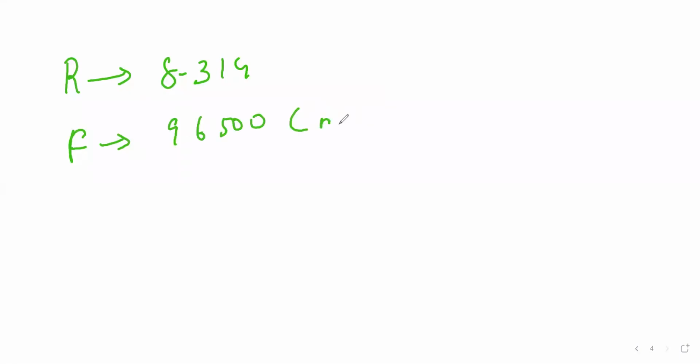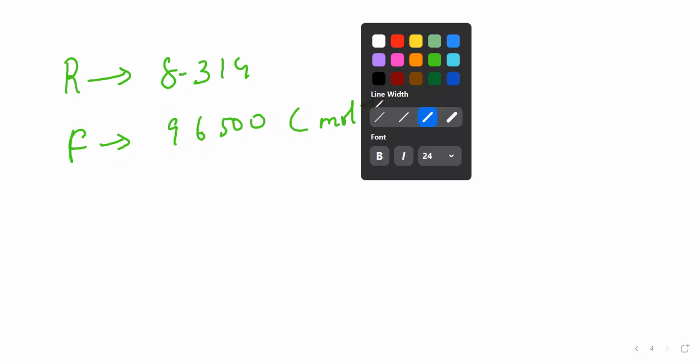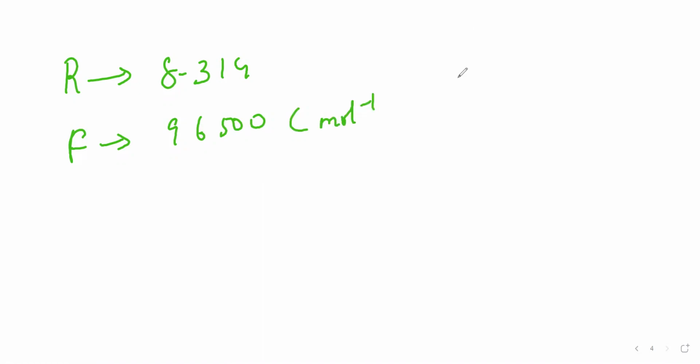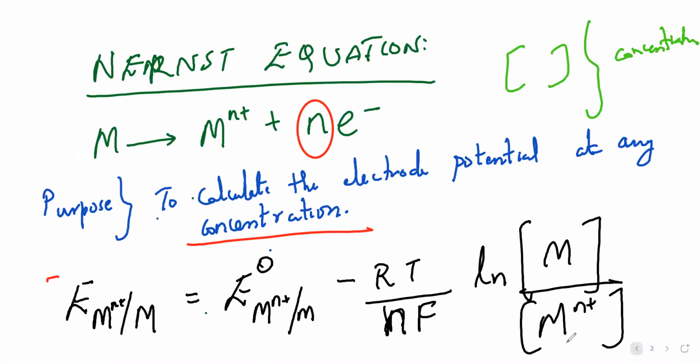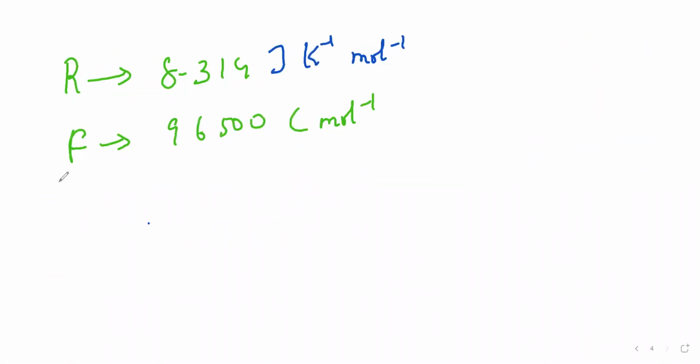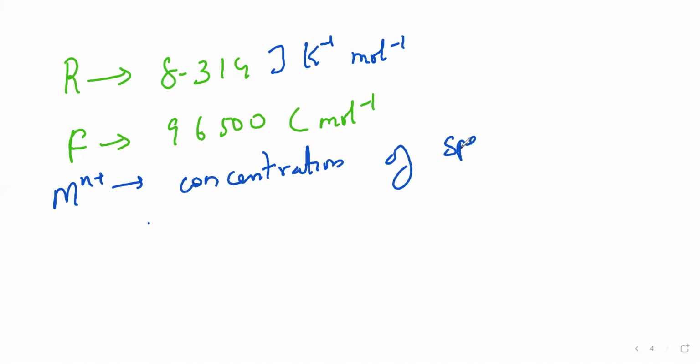If you want me to write the unit, this is joule Kelvin minus one mole minus one. And now this Mn+ is nothing but the concentration. Whenever it is in square brackets, it represents the concentration of that particular metal species. And the temperature is always 298 Kelvin.